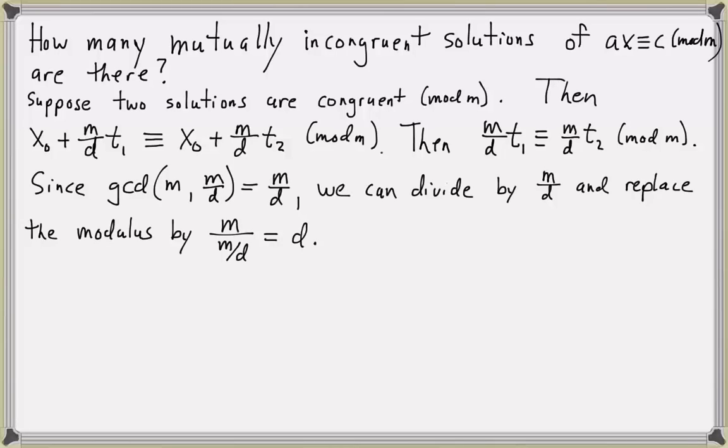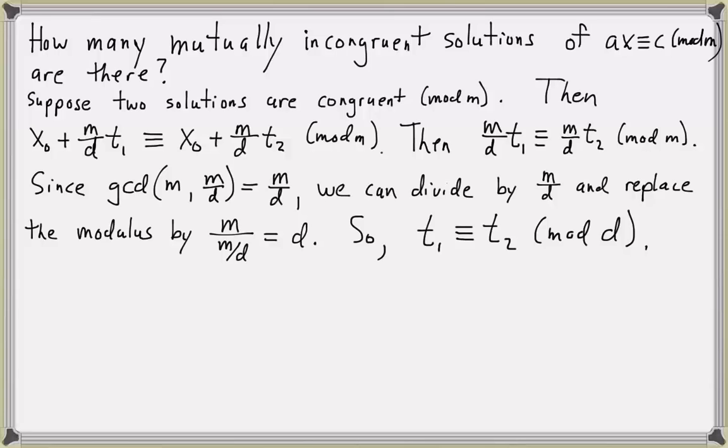So when I divide both sides of this congruence by m over d, I have to divide the modulus by m over d, and so the result is that t1 is congruent to t2 mod d. So if two solutions of this congruence are congruent mod m, then we've just shown that the integers t1 and t2 must be congruent mod d.